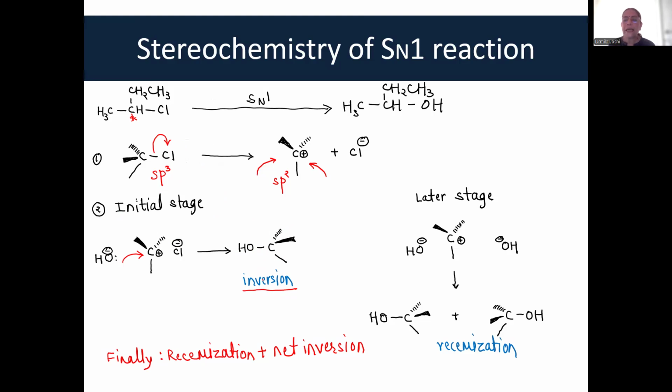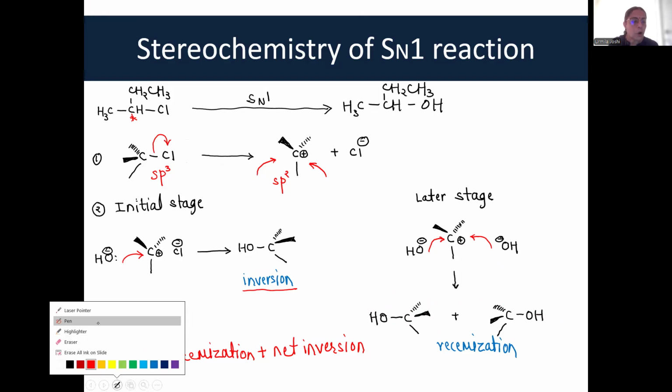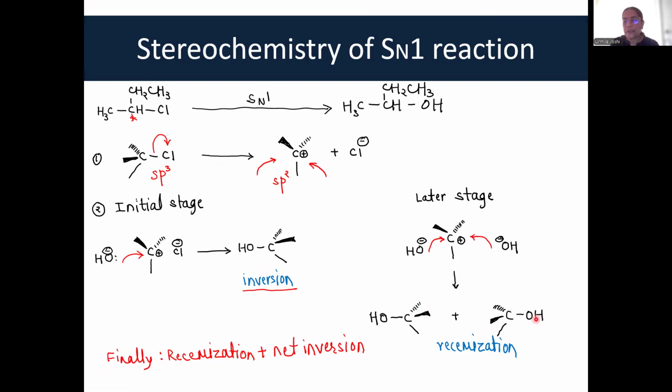So it is inverted configuration. Now let us understand what happens in the later stages. In the later stages, the Cl has moved sufficiently apart. Now, the carbocation can be attacked either from this side or from this side. And so, the net result is there is some amount of inverted product and some amount of configuration retained product. This is just same as this.